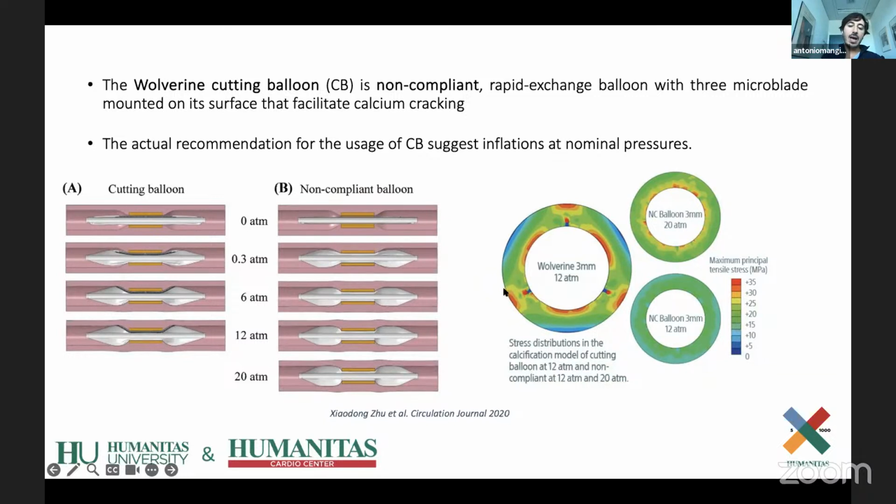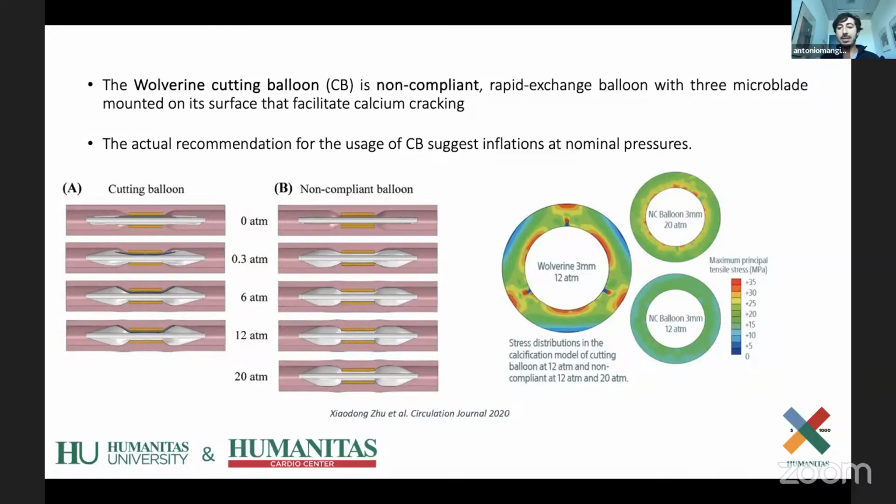And we have a lot of stress applied in the region in which the blade comes inside the vessel wall, but also between the two blades, so I have the possibility to apply more force compared to the standard non-compliant balloon. So it means that in calcified lesions, if we go up to 12, 18, 20 atmospheres, compared to a non-compliant balloon, we are obtaining a higher stress on the vessel wall.